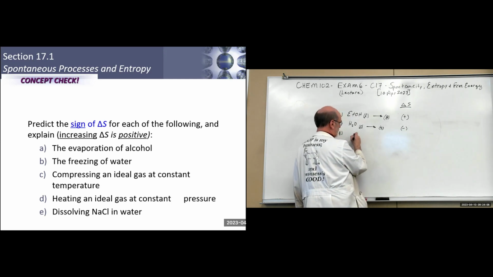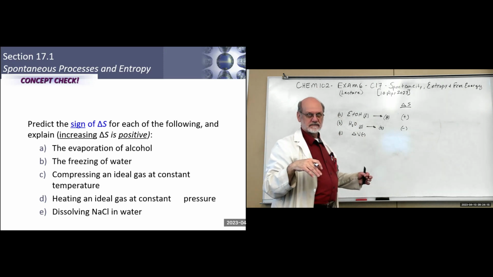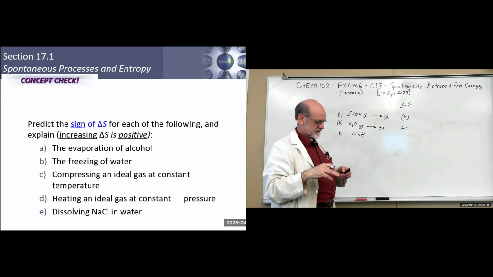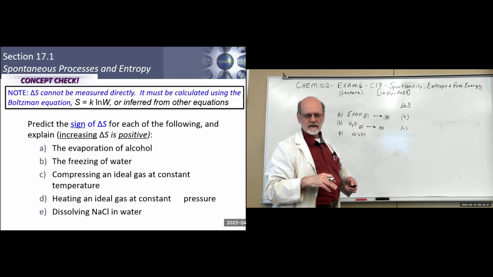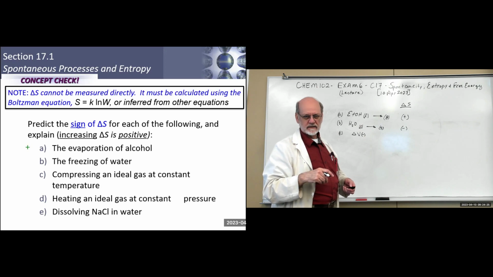So we've got a change in volume. Change in volume is negative. Yeah, we're decreasing the volume of the gas. Let's see. I'll talk about that in just a second. There we go.